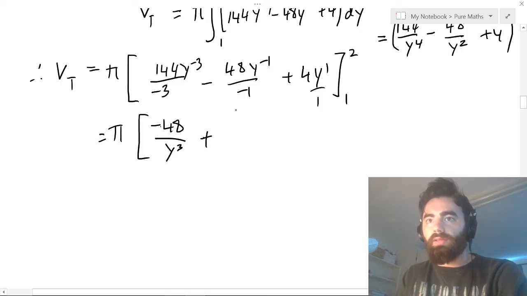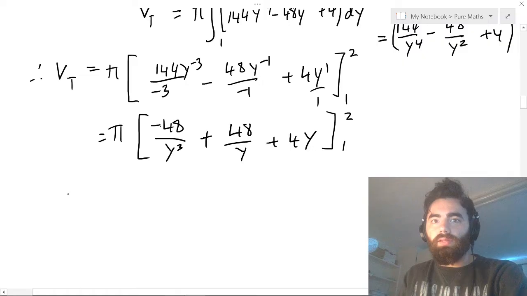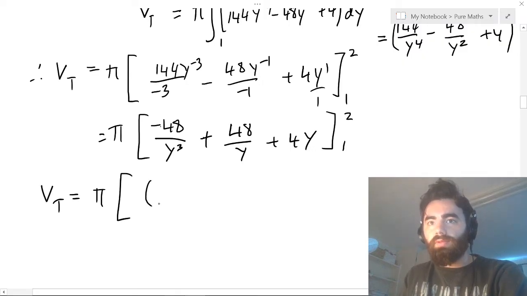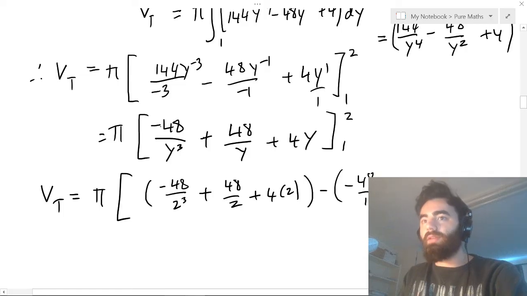Minus a minus is a plus, so plus 48 over y, plus 4y, between 1 and 2. So this gives us a total volume of pi times, when we substitute in 2, negative 48 over 2 cubed plus 48 over 2 plus 4 times 2, minus the value at 1.